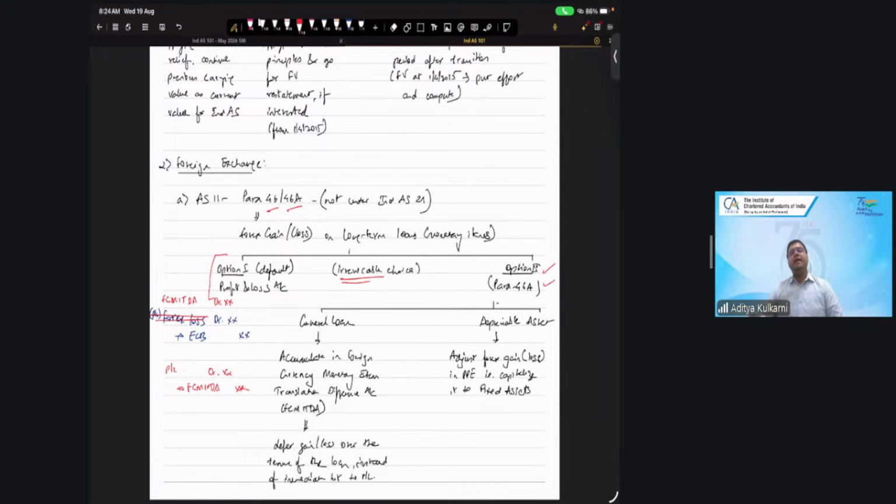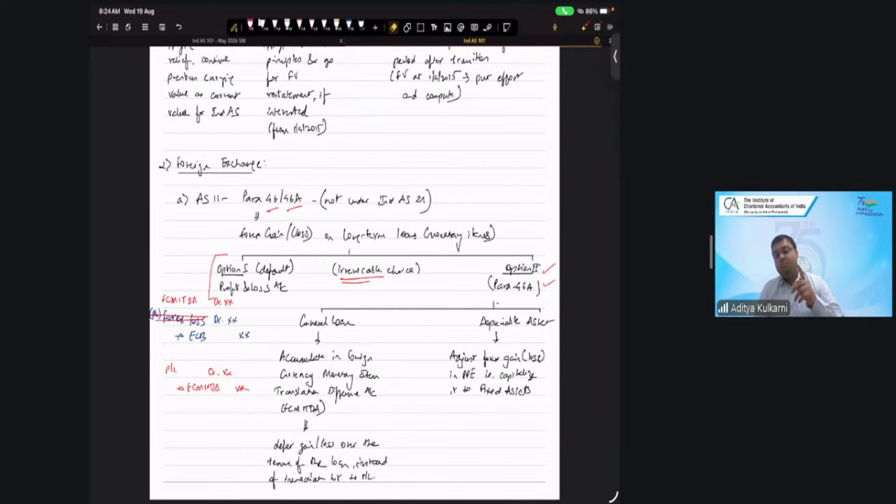So instead of FCMITDA, you would have taken the impact to your asset. You would capitalize it. So it would be property, plant and equipment account debit to external commercial borrowings. And then that greater amount you would depreciate. Did you understand both the options?